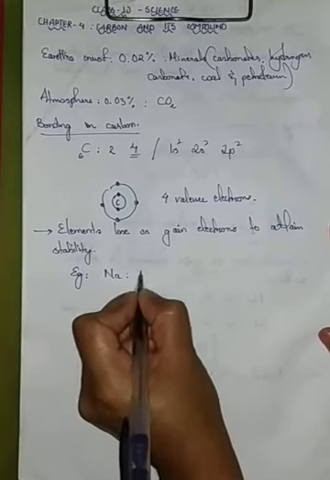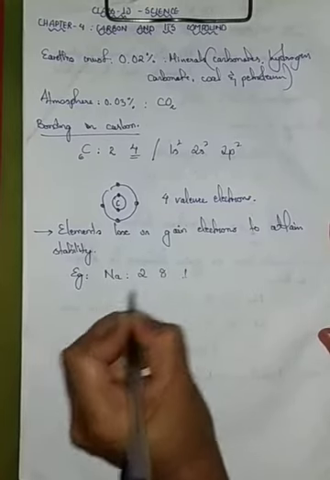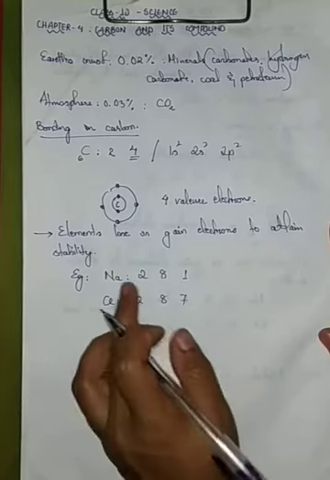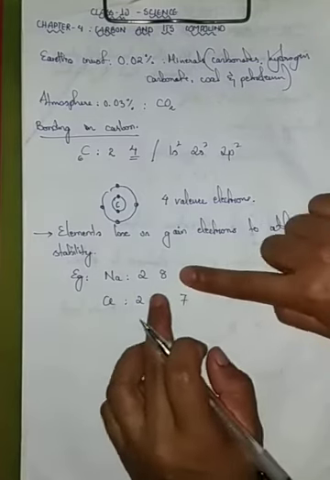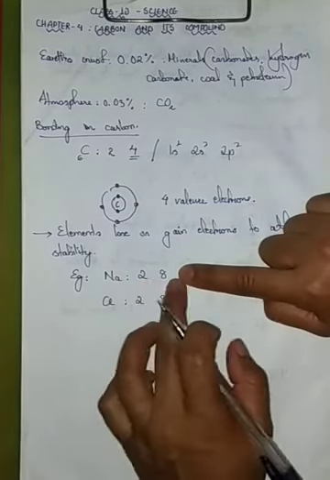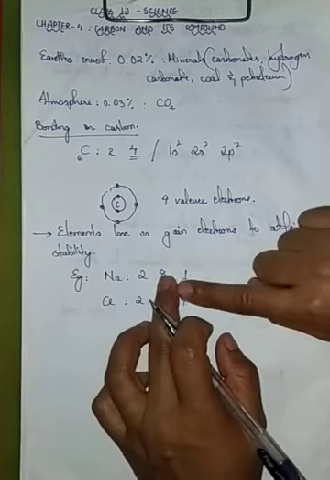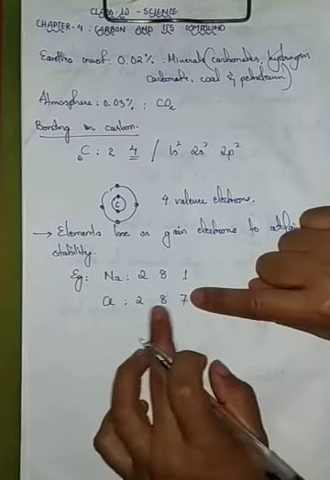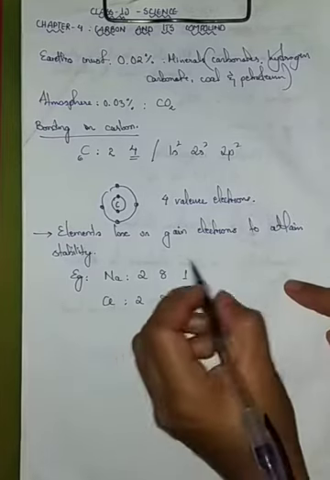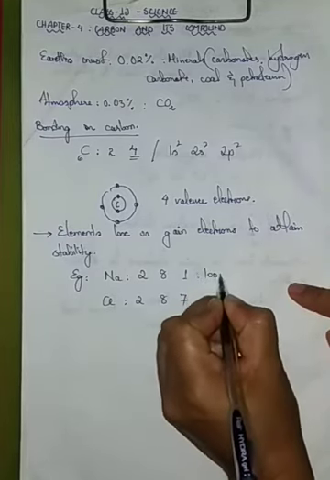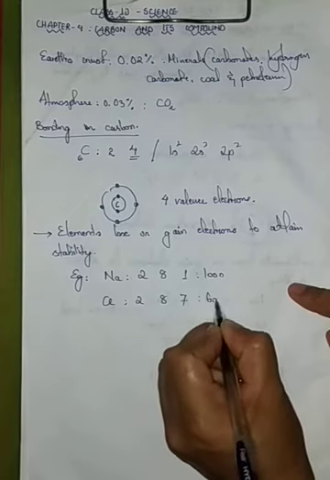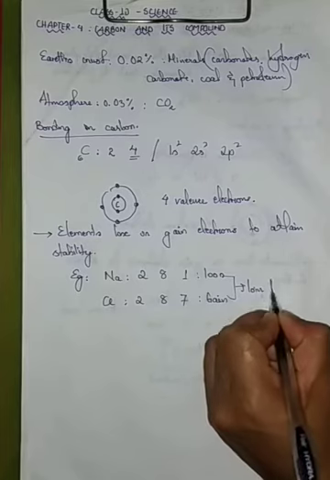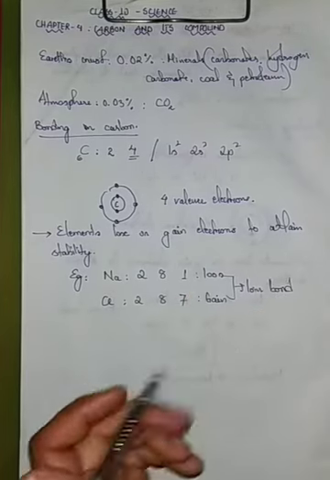Sodium has an electronic configuration of 2, 8, 1, and chlorine has an electronic configuration of 2, 8, 7. Sodium needs to lose this 1 electron so that it has a stable noble gas configuration of 2, 8, and the chlorine atom needs 1 more electron to become stable. Therefore, sodium will lose the electron and chlorine will gain the electron, which gives us an ionic bond by loss and gain of electrons.